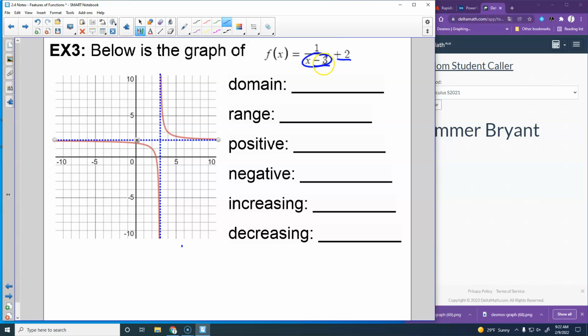Because whatever's in the denominator, we learned yesterday, cannot equal 0 because it's going to give you a vertical asymptote, right? So we can write it a couple ways. We can write it as x does not equal 3. Or we can do negative infinity to 3 and 3 to infinity.